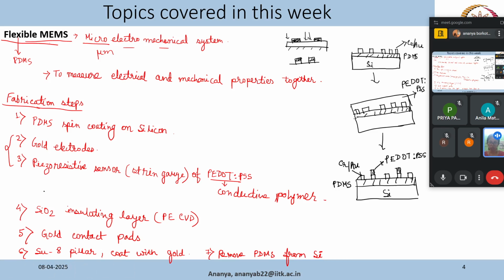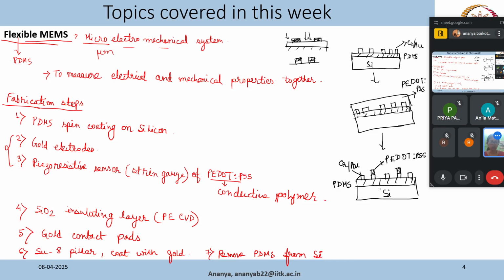So we have already made our piezoresistive sensors. These will be used to measure the elasticity of a tissue, so the mechanical properties it can measure. And of course we have to peel off the PDMS, because now it is on this rigid substrate, so we cannot directly measure the stiffness or elasticity of tissue.